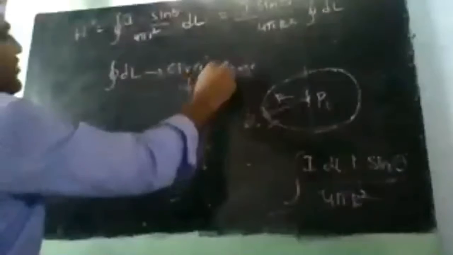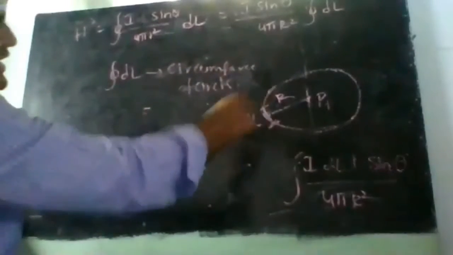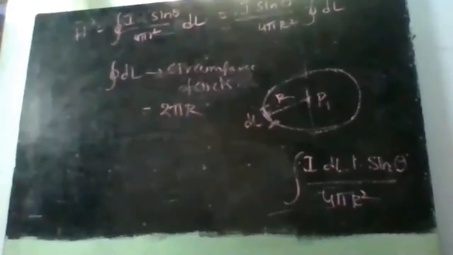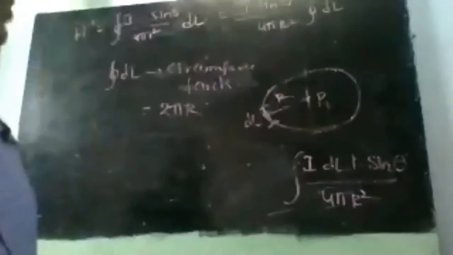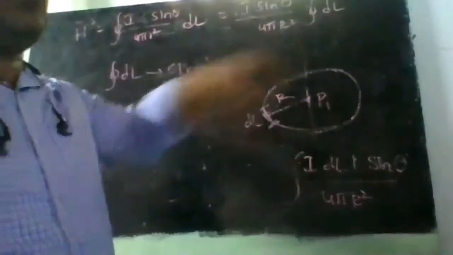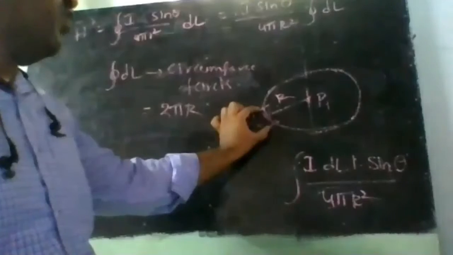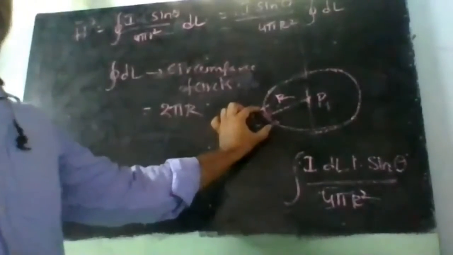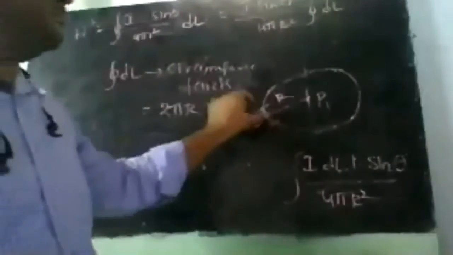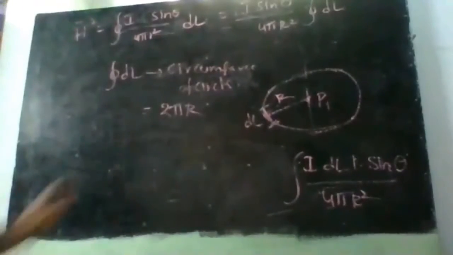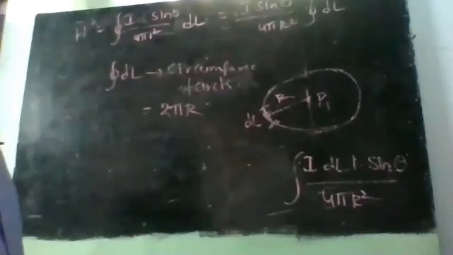What is the circumference of a circle of radius r? It is equal to 2 pi r. Clear with this? So the variable of integration is dL, and we get integral dL. Now dL is a small portion of the conductor, so if I add up the total conductor, that is the length of the conductor.